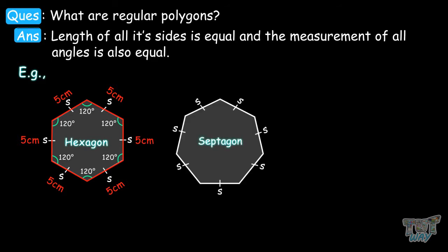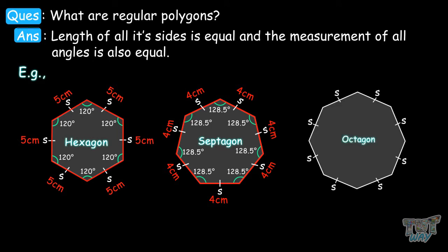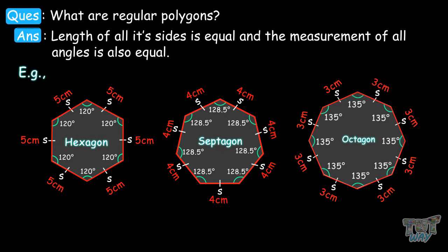A septagon has 7 sides. The length will all be the same, and the internal angle will always measure 128.5 degrees. In a regular octagon, that is a regular polygon that has 8 sides, the length of all the sides will be the same, and the internal angle will always measure 135 degrees. These are the characteristics of a regular polygon.